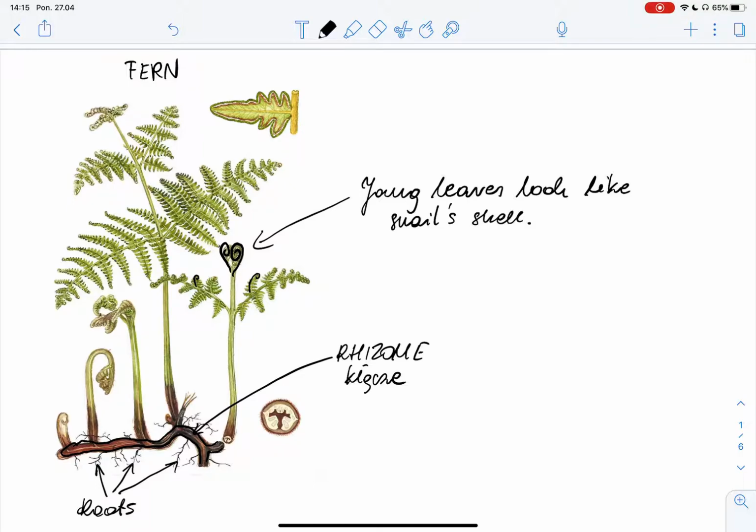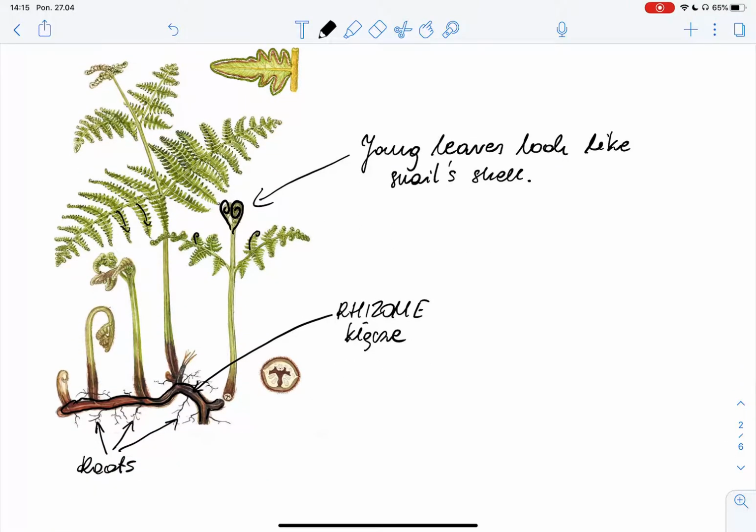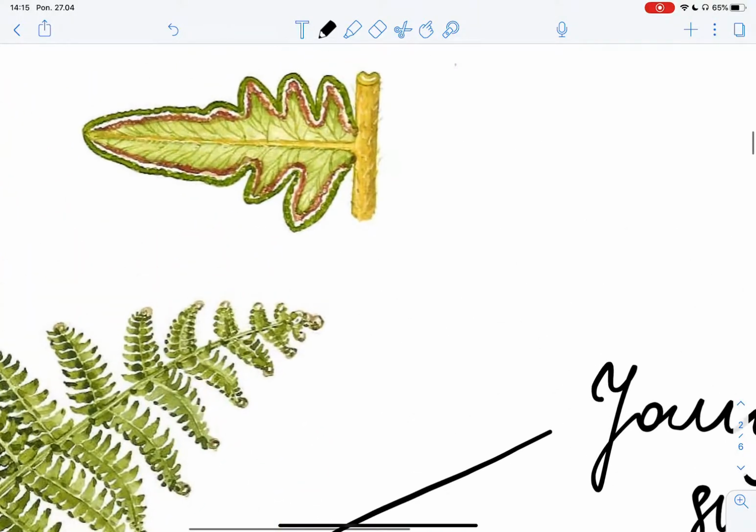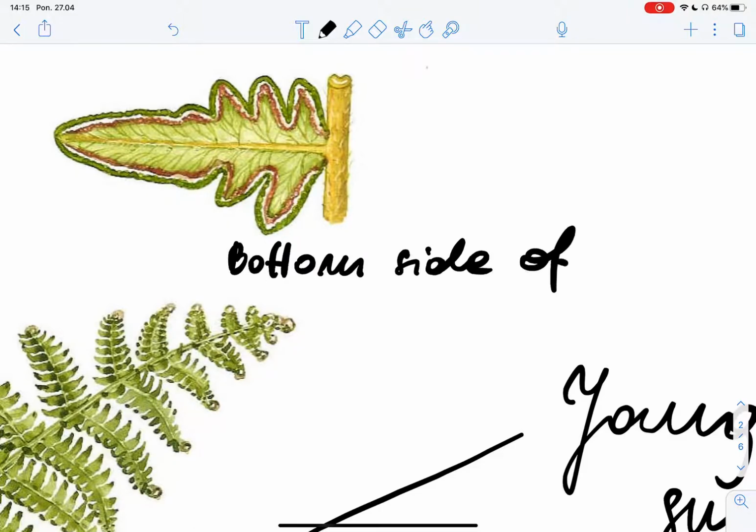On the bottom sides of mature leaves, there are sporangiums. So here we have the front side of the leaf here, but here is the bottom side of the leaf. And here, that brown thing is sporangium.